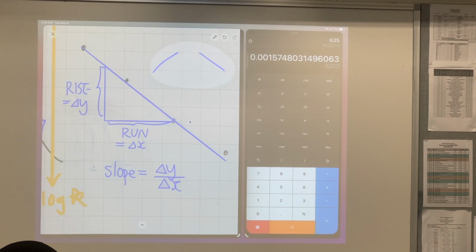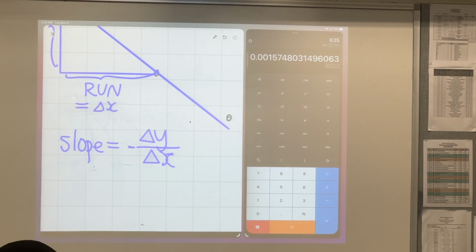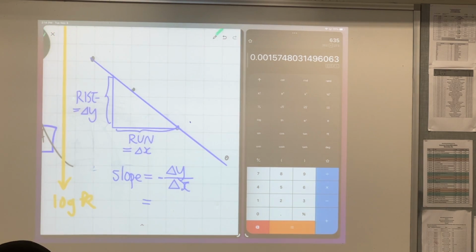You can put a negative in here. And for this diagram, you will have to use a ruler to draw a triangle first, and then find 2 points to find the change in y and the change in x value in order to find the slope.